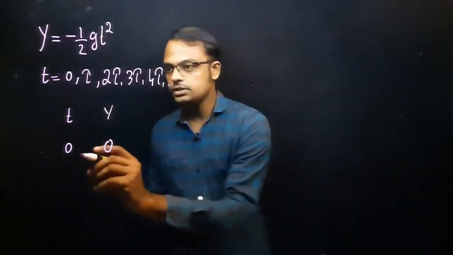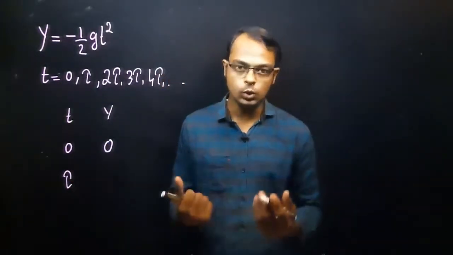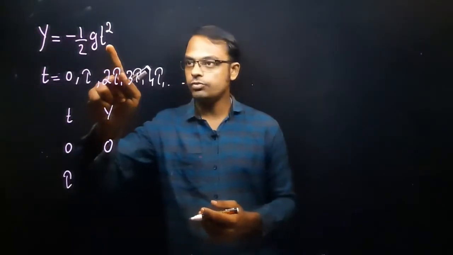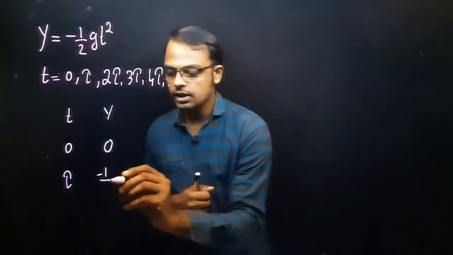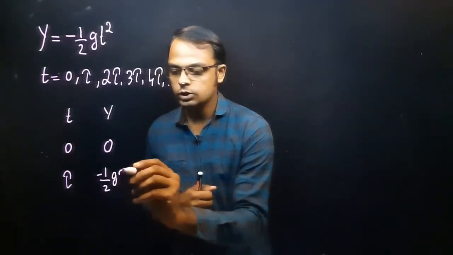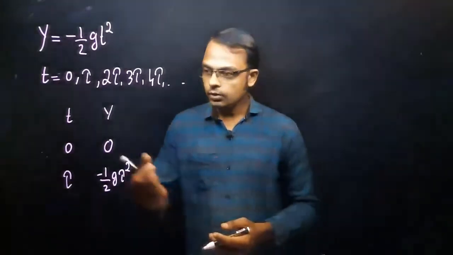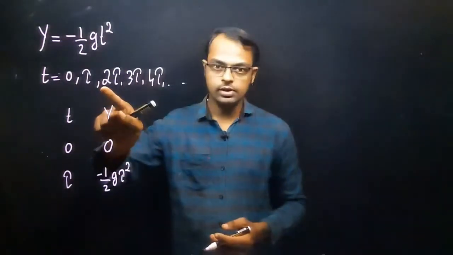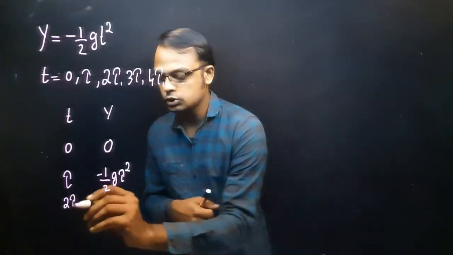When time t is equal to tau, we substitute for t, so y becomes minus half into g tau square. The next time interval is 2 tau.